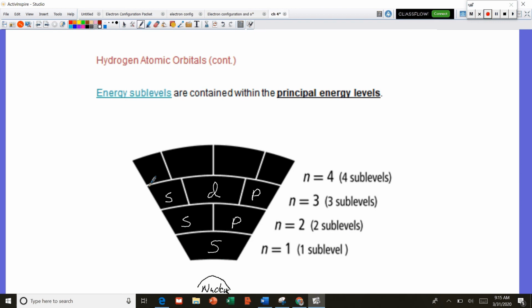And then in N4, we actually can have an S, a P, a D, and an F. So 18 plus 14 gives us the 32 total. All right. So again, this is kind of how they're divided, and the pattern just goes on and repeats.